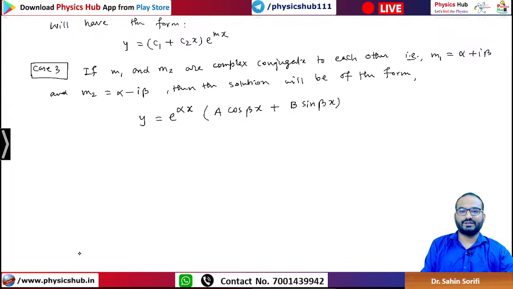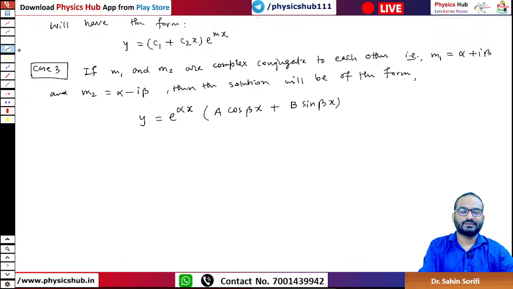So you need to remember this. If you practice a few problems, it will get automatically stored in your memory. e to the power alpha x into a cos beta x plus b sin beta x. So these are the three cases which you should keep in mind in solving linear second order homogeneous differential equations.